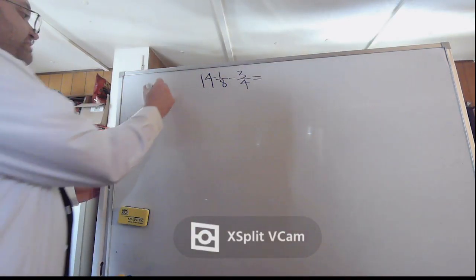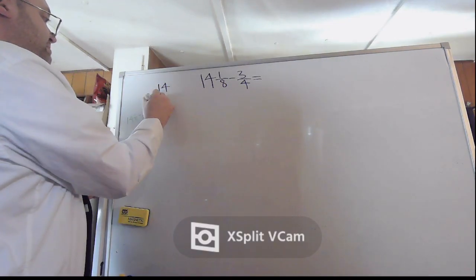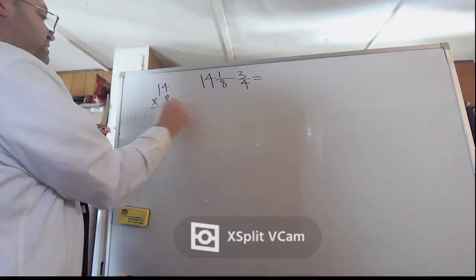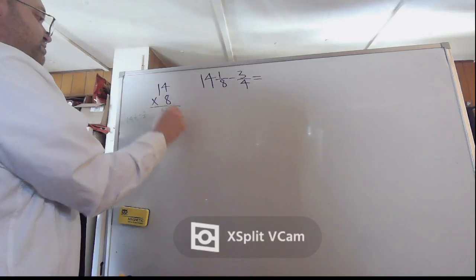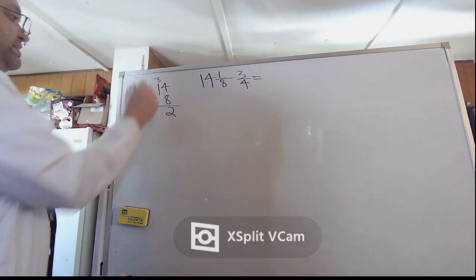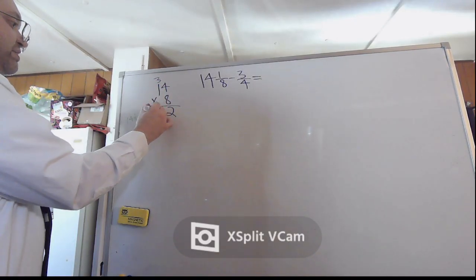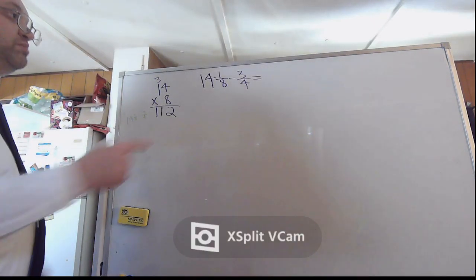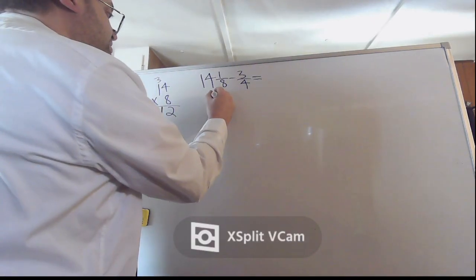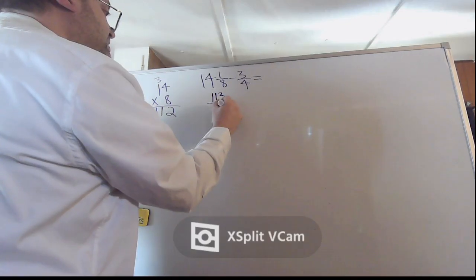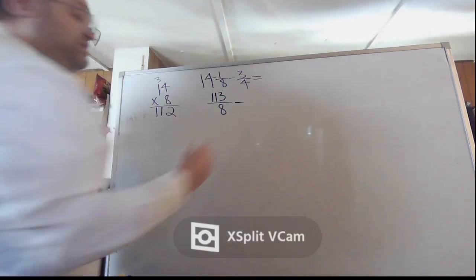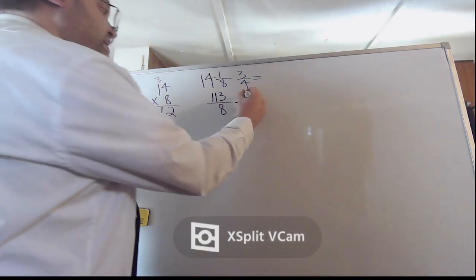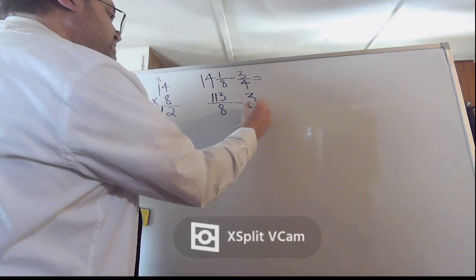So what is 8 times 14? I don't remember off the top of my head, so I'm going to work it out real quick. 4 times 8 is 32, carry the 3. 8 times 1 is 8, plus 3 is 11. So 14 times 8 is 112, plus that 1 in the numerator, that's 113. So we have 113 eighths minus 3/4.